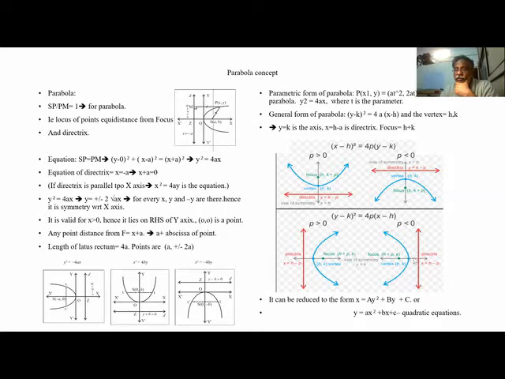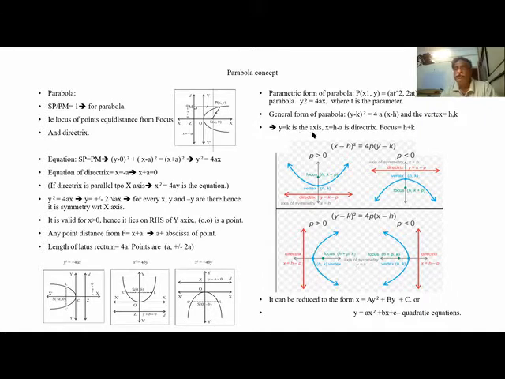If this is again P, the focus point from here is X is H plus P. Y is K. Y is fixed because it is against the X axis. In fact this is supposed to be minus H minus P. This is K. So we can understand.